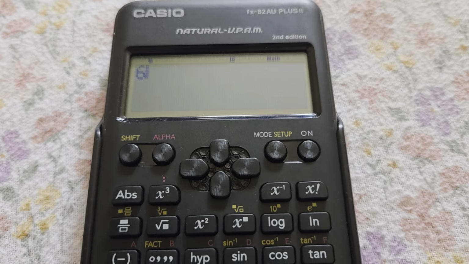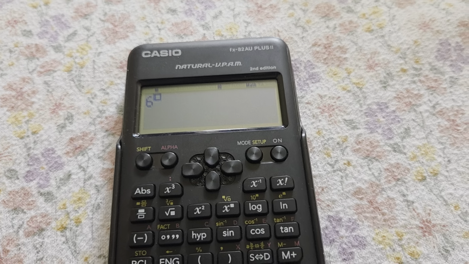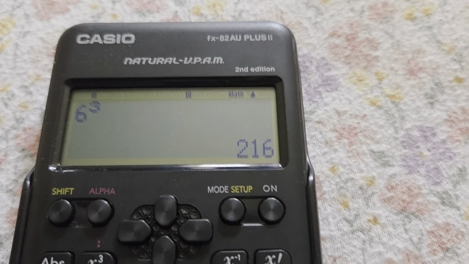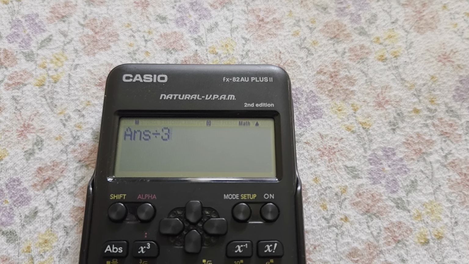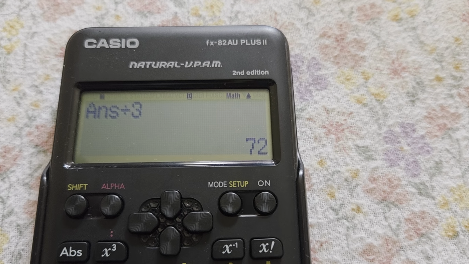So 6 raised to the power of 3 gives you 216 and then divide by 3, 72.